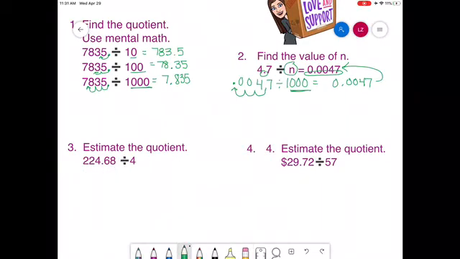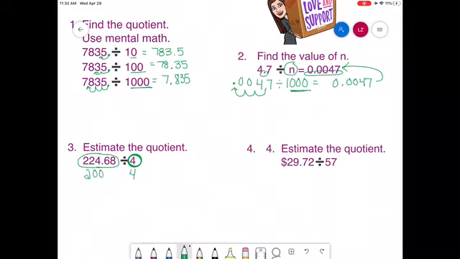Let's look at this number and this number. 4 and 224 approximately. What can we change this to so that we can make them very easy? If we leave this as a 4, what can we change 224 to so that it becomes something that is easily divided by 4? Well, we have some options.